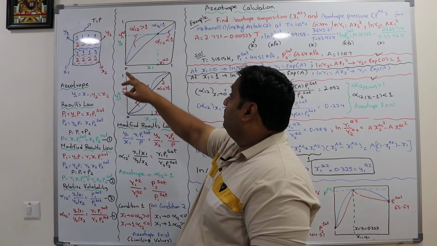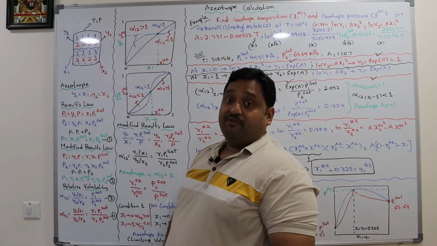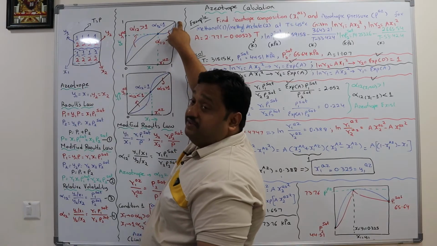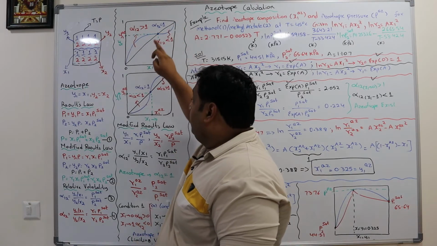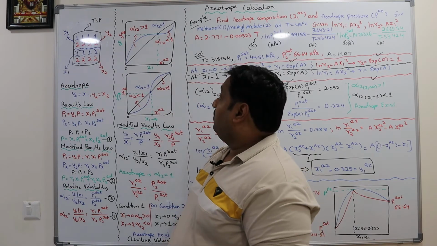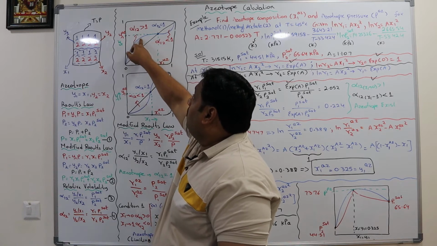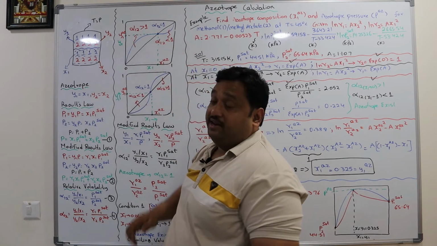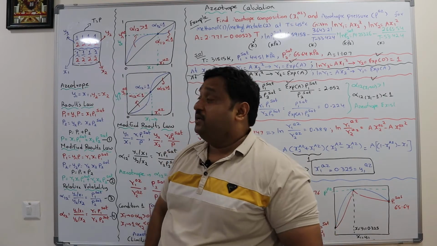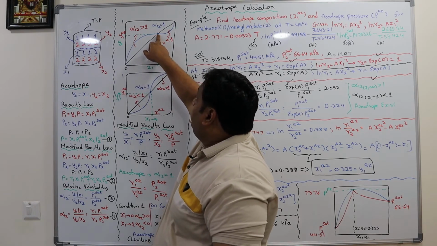For example, the YX graph looks this way, and the blue curve can be of this type, drawn on the top side, and a blue curve of this type can also be possible. Wherever the blue curve meets the diagonal line, that is exactly where the azeotrope is going to form. In this case, the azeotrope is forming at this point.